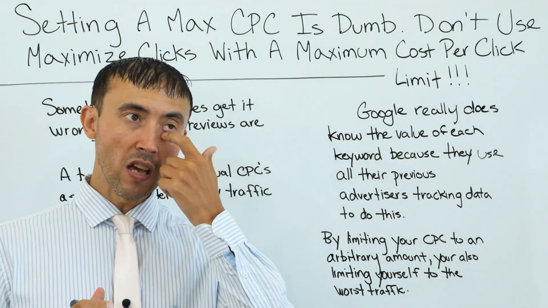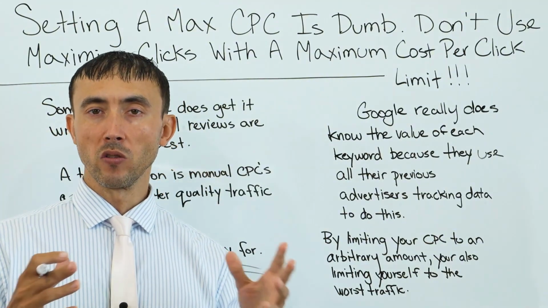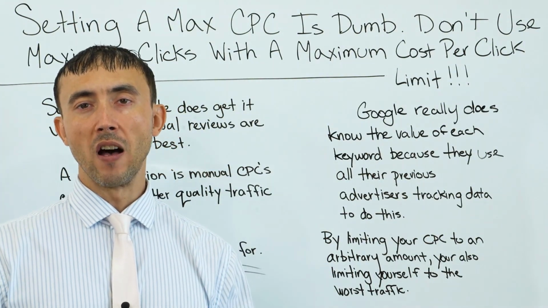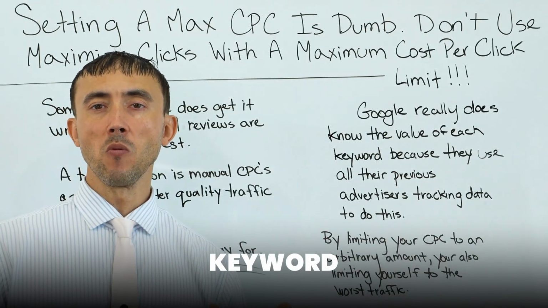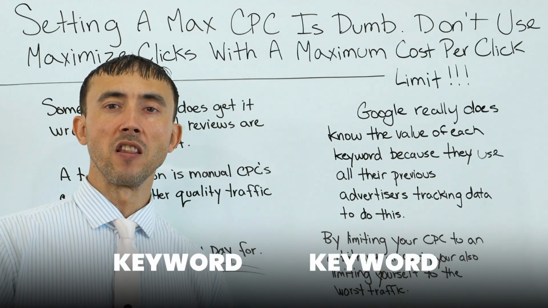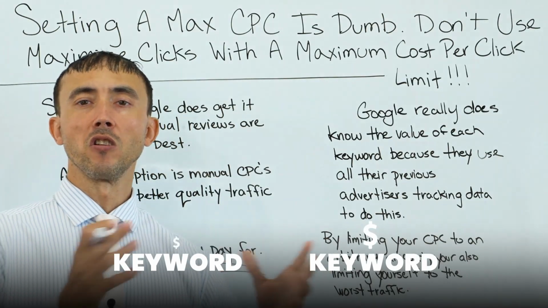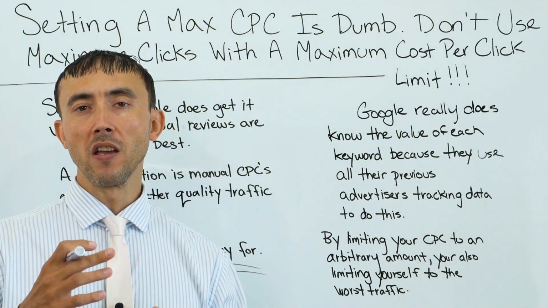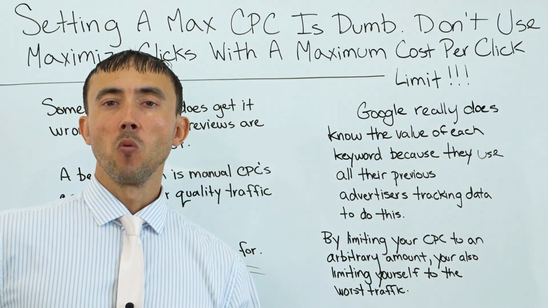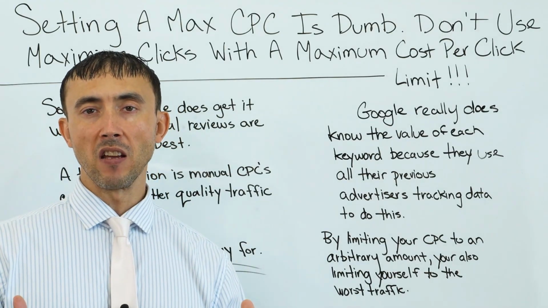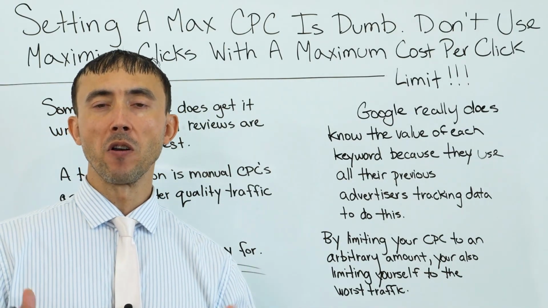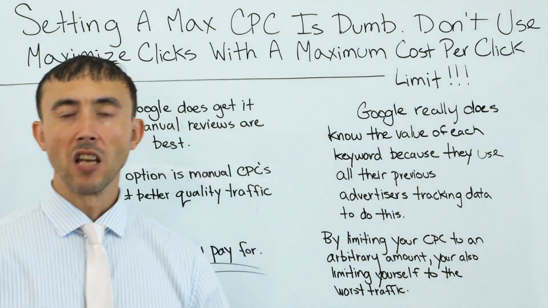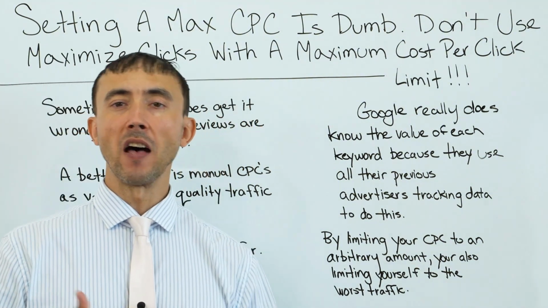They also do this based upon their customers' conversion data. So if a certain keyword converts better than another keyword in the same niche, they're going to certainly charge more for that. And in addition to everything else, when they have smart bidding running on your competition's ads, the smart bidding algorithm is already trying to figure out the value of each keyword.